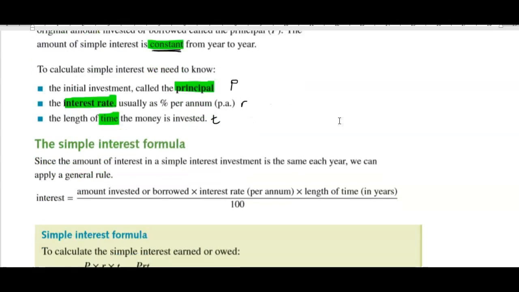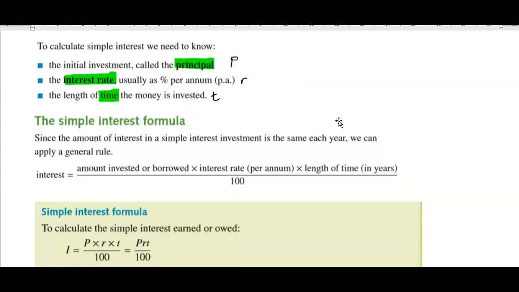If I just scroll down, here is the simple interest formula written in words, which is quite long, but if you're ever unsure about what PRT means: the amount invested or borrowed. Okay, so remember that is your principal. The interest rate, and then the length of time.